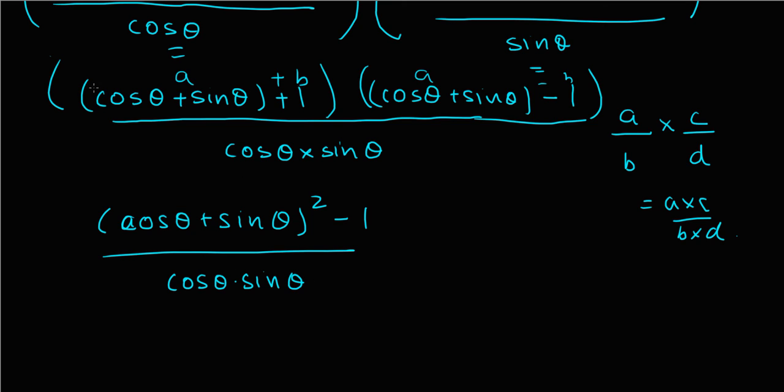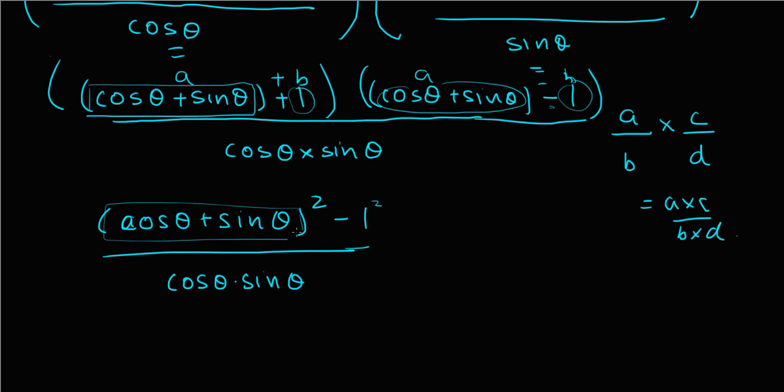Because see, if you consider this whole term as 1, this is of the form a plus b, if this is b, into a minus b over here, which is a square, that is the first term whole square minus the second term whole square. 1 square can be written as 1.